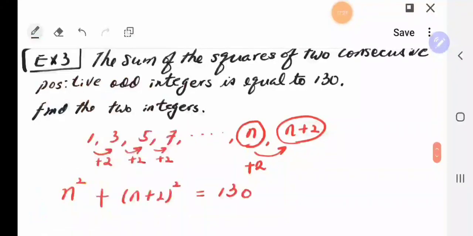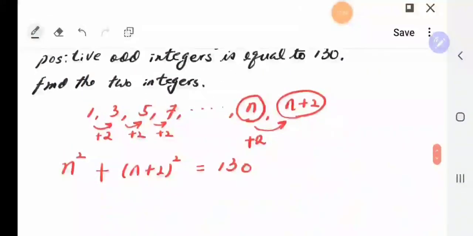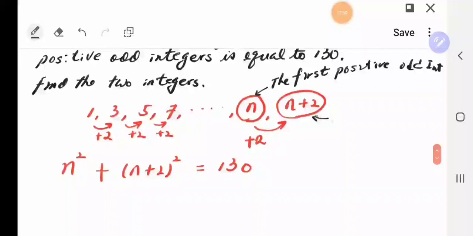So we just wrote an equation. Can you see this? n is the first positive odd integer, and this will be the second positive odd integer.